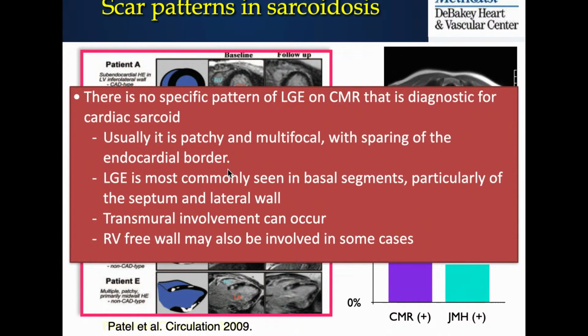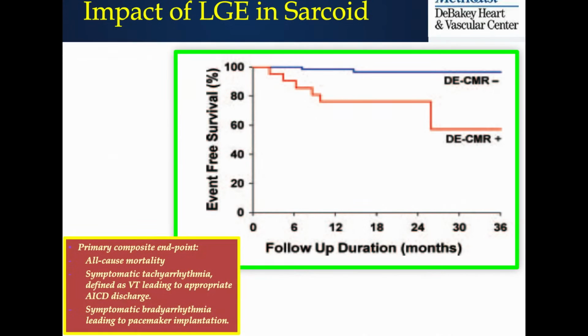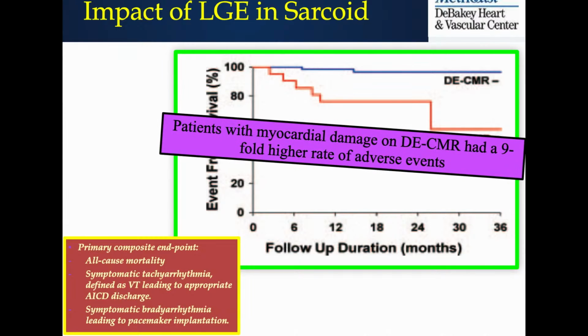And as we touched on, the location and the pattern can be very variable from patient to patient, but oftentimes it can also involve the RV free wall as well. And in this single center study, they found, in fact, that those patients with extracardiac sarcoid who had evidence of delayed enhancement on CMR had a worse prognosis when it came to a composite of all-cause mortality, symptomatic tachyarrhythmias, or symptomatic bradyarrhythmias.